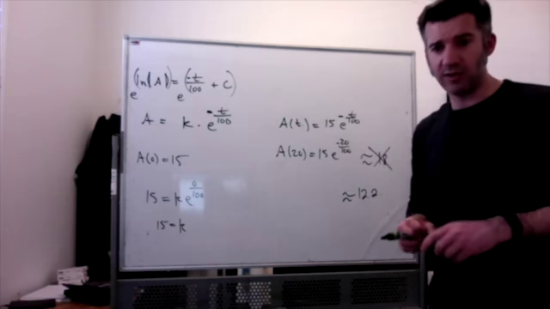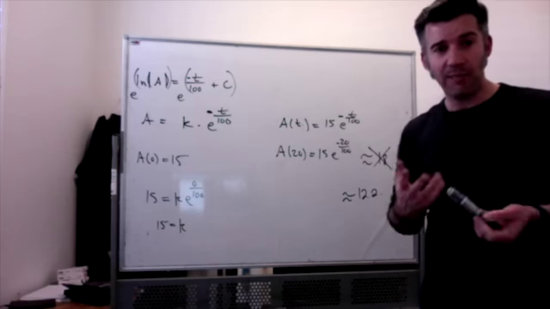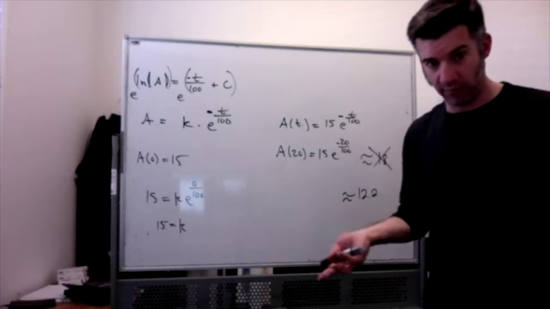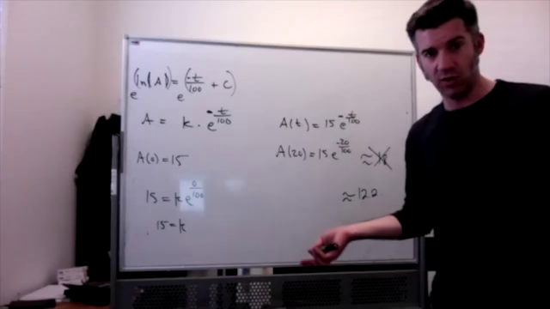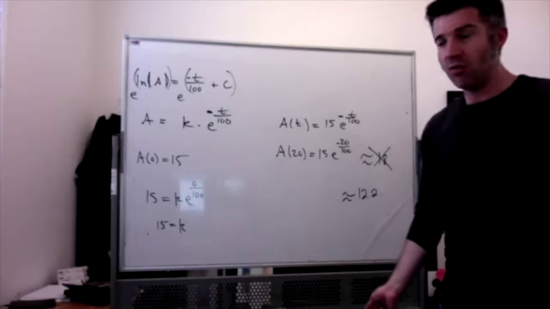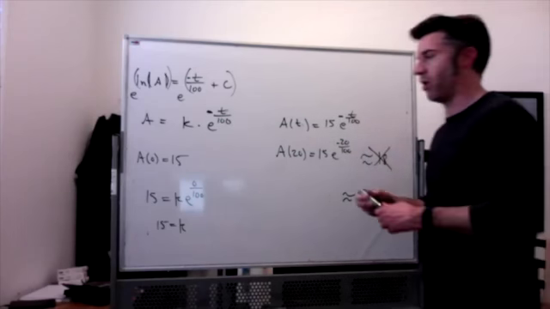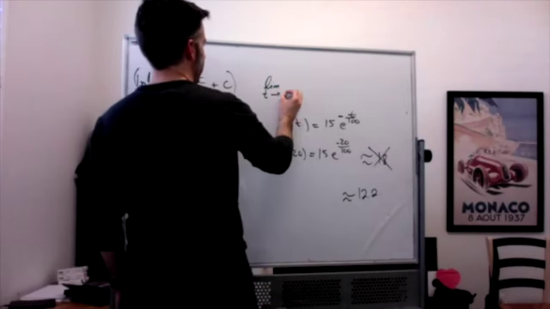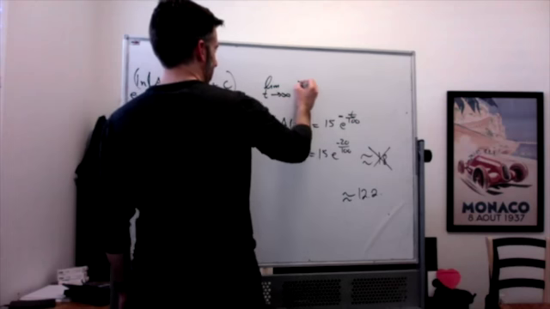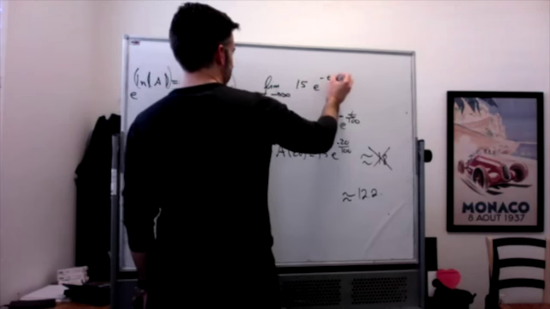Okay, so here's another interesting question to ask. What happens as time goes on forever? What does the behavior of this system do as we let time just go on and on? Well, in this case, we take the limit as T goes to infinity of 15e to the negative T over 100.